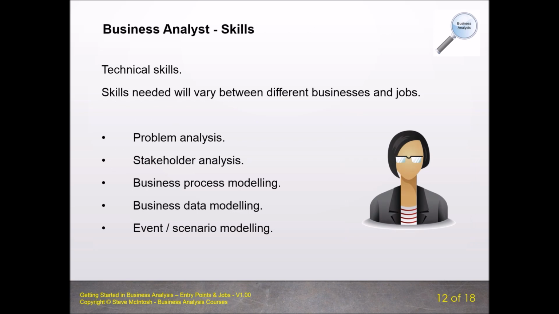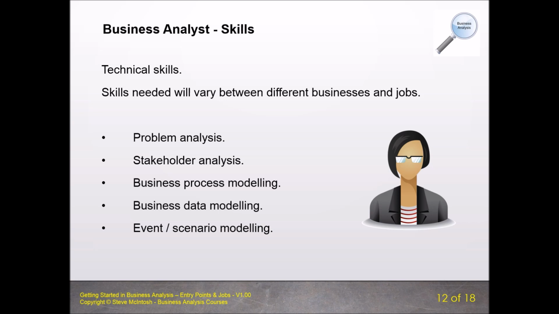Business analysis is an interesting combination of both technical skills and communication skills. Here are some of the more technical areas that you may need to apply as an analyst. Problem analysis means understanding problems within the business and going down to the root causes, not just the surface, and identifying areas for improvement and solutions.